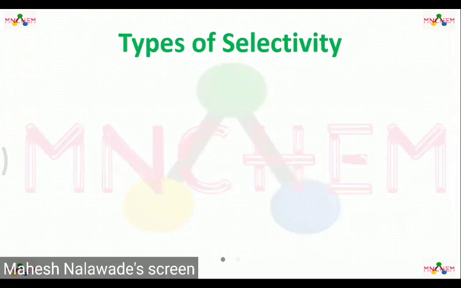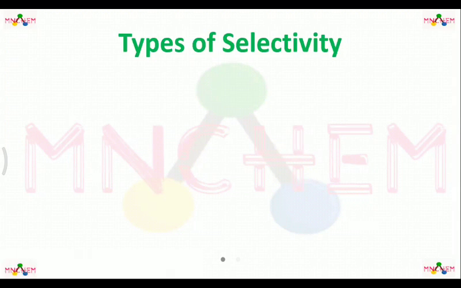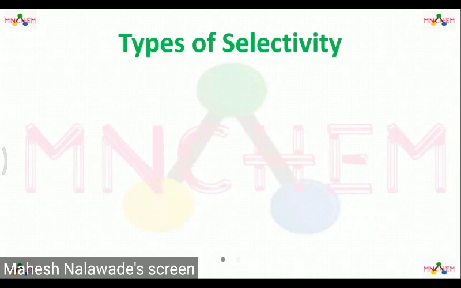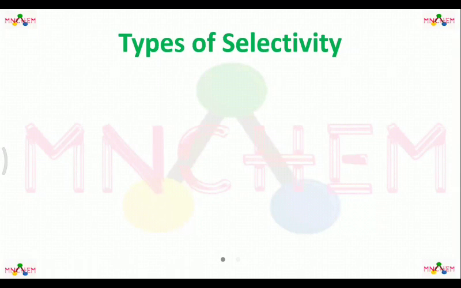When we discuss selectivity, a reactant can have different functional groups which may undergo reaction under similar reaction conditions, or in other words, a reactant can have more than one functional group which reacts under the reaction condition. In other cases, a reactant can have more than one site at which reaction is possible.